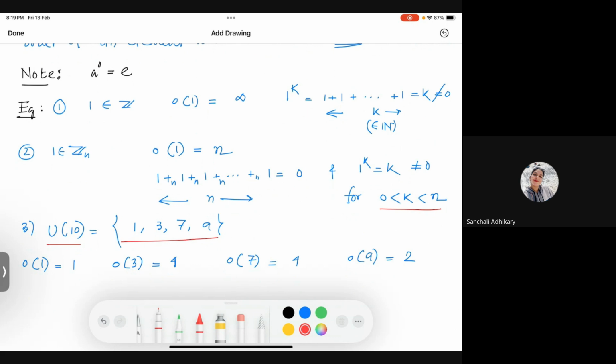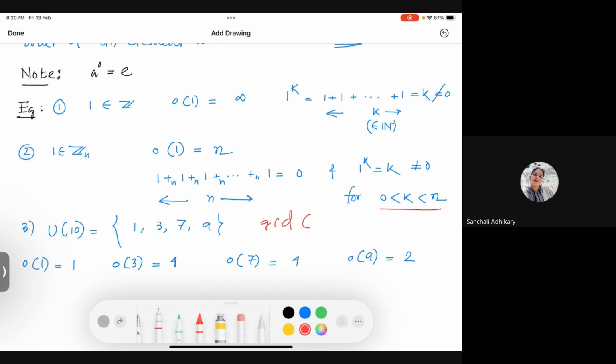What is U10? Those elements from Zn whose GCD with 10 is 1, relatively prime to 10. So 1, 3, 7, 9 are the elements of U10.